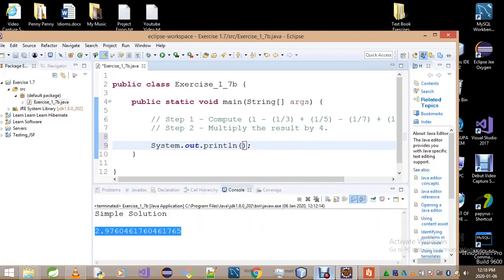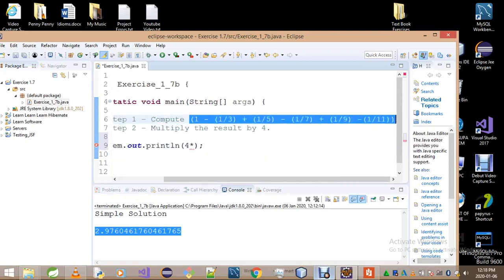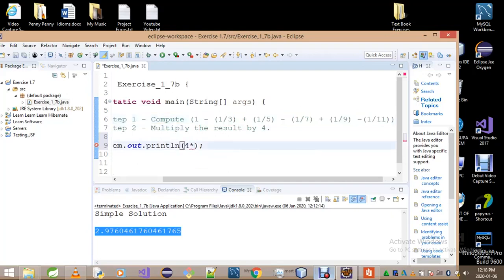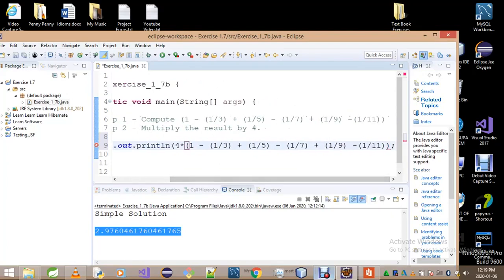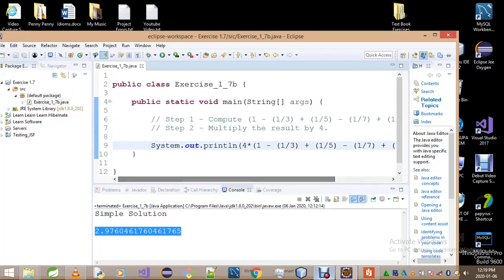We're gonna have 4 multiplied by this whole thing. Let's try to run this.